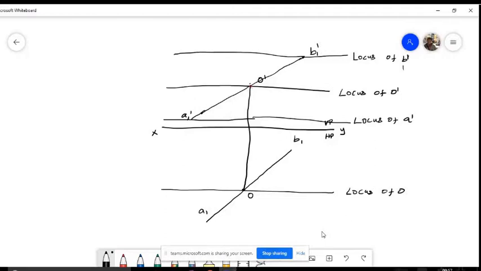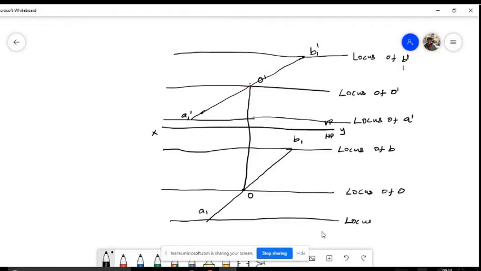Similar to that, in the top view as well, this will be my locus of B and locus of A. Okay, any doubts till this?